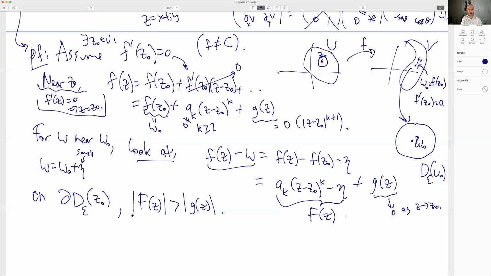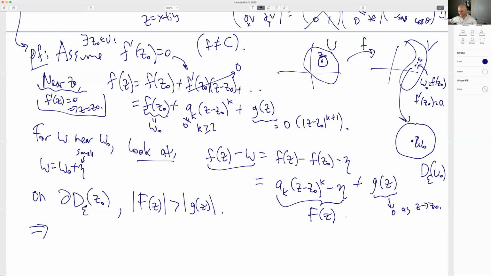So what do I know about functions where f dominates g on the boundary of a disk? The sum of the functions has the same number of zeros as the original. Bingo, beautiful. Remember whose theorem that is?